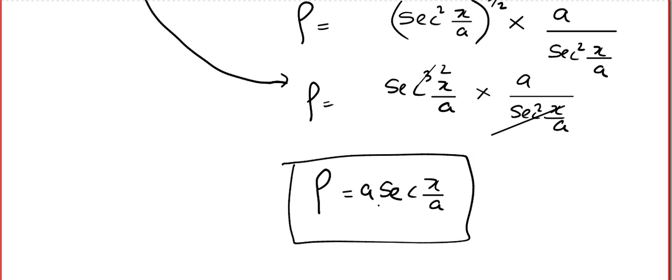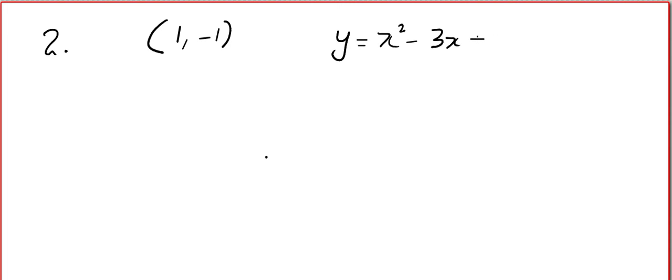Okay, now let's do one more problem and wind up this video. So please write the second question. Find the radius of curvature at 1 comma minus 1 on the curve y is equal to x square minus 3x plus 1.